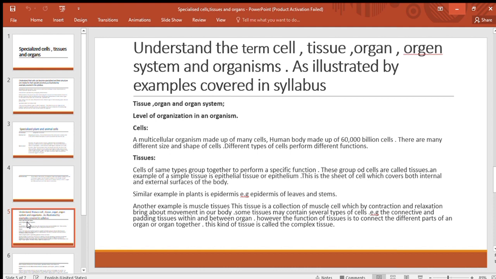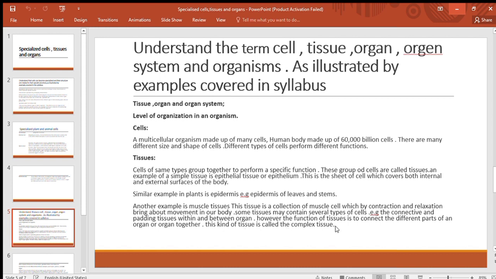Another example of tissue is muscle tissue. This tissue is a collection of muscle cells which by contraction and relaxation bring about movement in our body. Some tissues may contain several types of cells, for example, the connective and padding tissue within and between the organs.